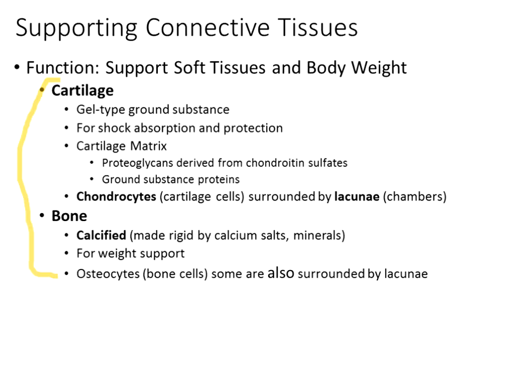So they are going to make a little bit of a chamber, a fence that they surround themselves within, and that chamber that they are residing in is called a lacunae. Since many of the bone cells come from chondrocytes, come from cartilage, our bone cells, which are going to be called osteocytes, are going to also, in many cases, live in a lacunae, a chamber.